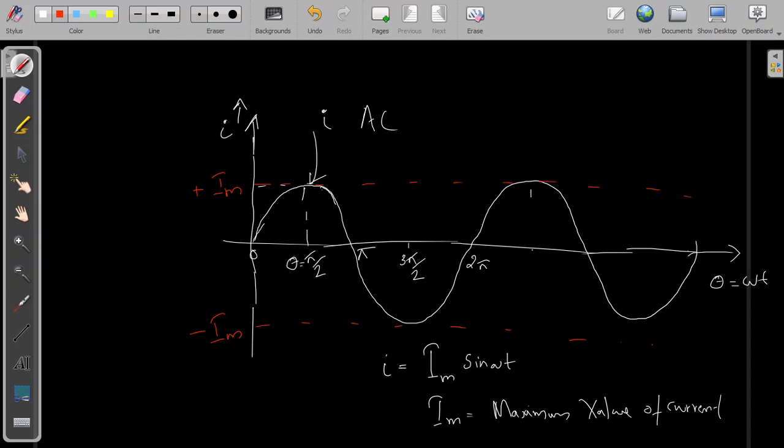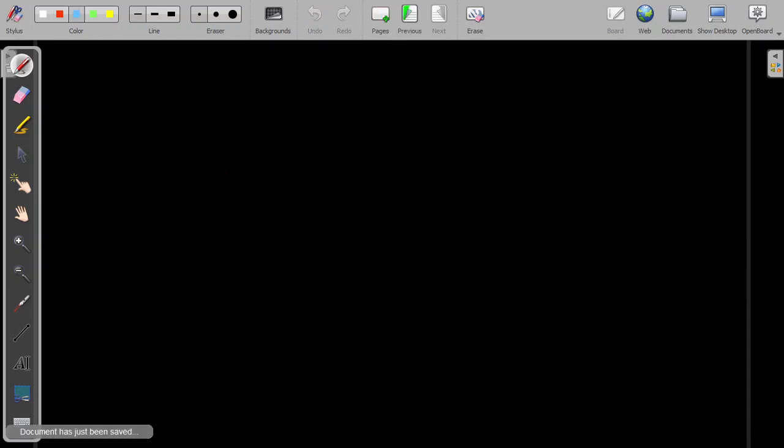We will now discuss the terminologies related to this AC waveform. The first terminology is cycle.